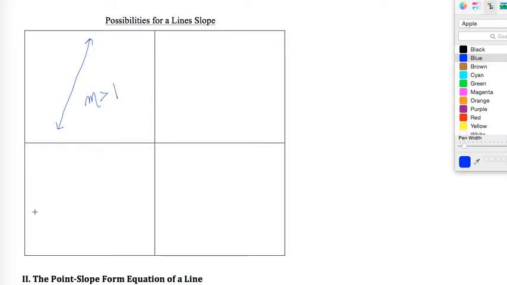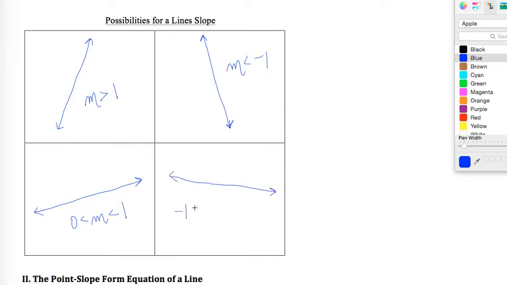If it was a really flat slope, so it's still positive, it's still going up, but flat, then that would mean m is between 0 and 1. Or you could have a steep negative slope going down. That would mean m is less than -1, so it's a big number in absolute value. Or a flatter negative slope, m would be between -1 and 0.